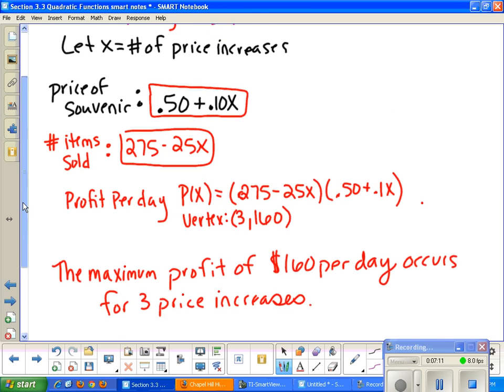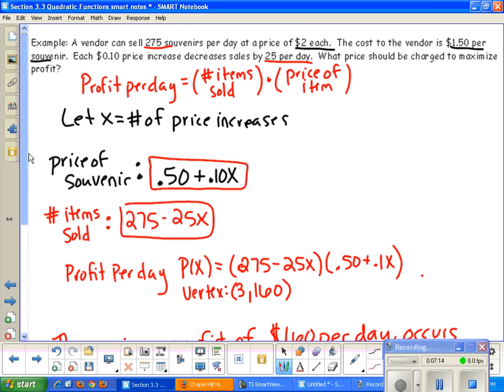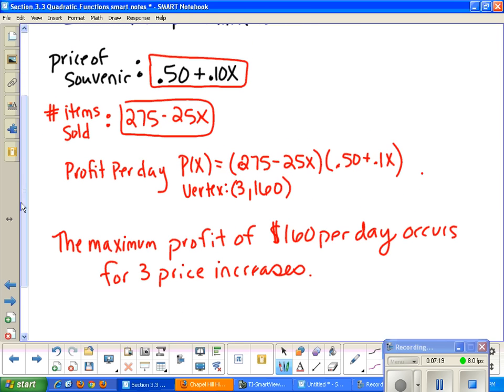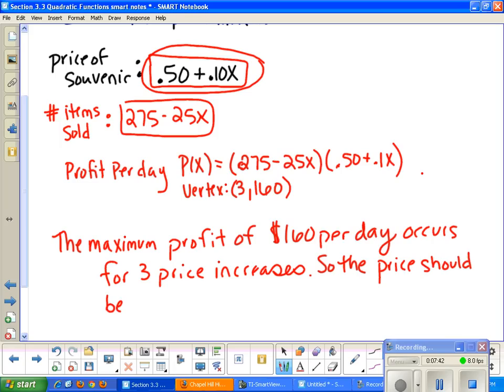Now, we still haven't answered the question because the question again said what price should be charged to maximize the profit. If it's 3 price increases, we'll go back up to this equation right here. If I plug in 3 for X, that's going to give me the price that I should charge. In this case, we start at $2 because that's what we sold it at in the beginning.